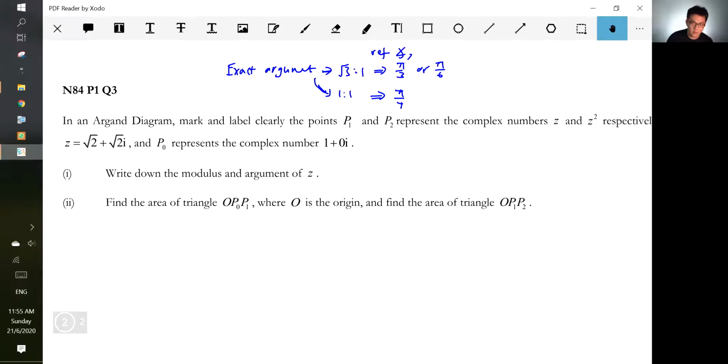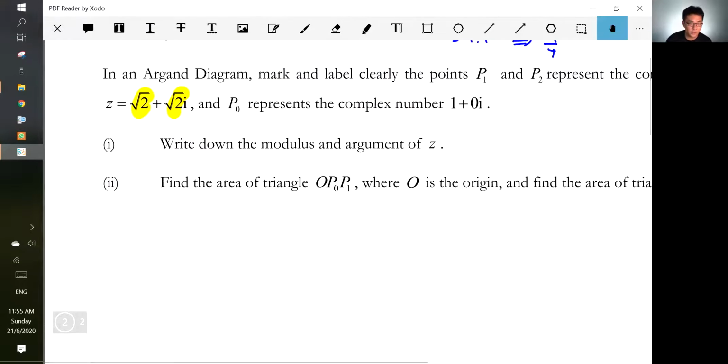So this is something which is very, very important. As we move on, you will see why I keep stressing this. In this case, when z is √2 + √2i, this is a ratio of 1 to 1. So it doesn't take long to know that the argument would be pi over 4. I've stressed this quite often.